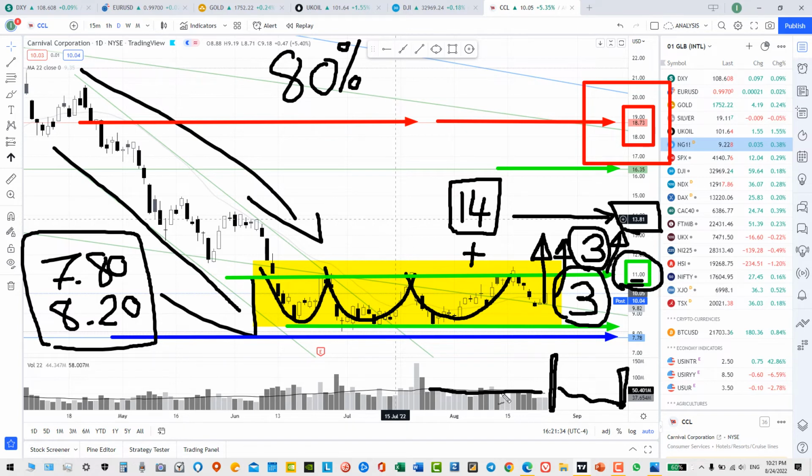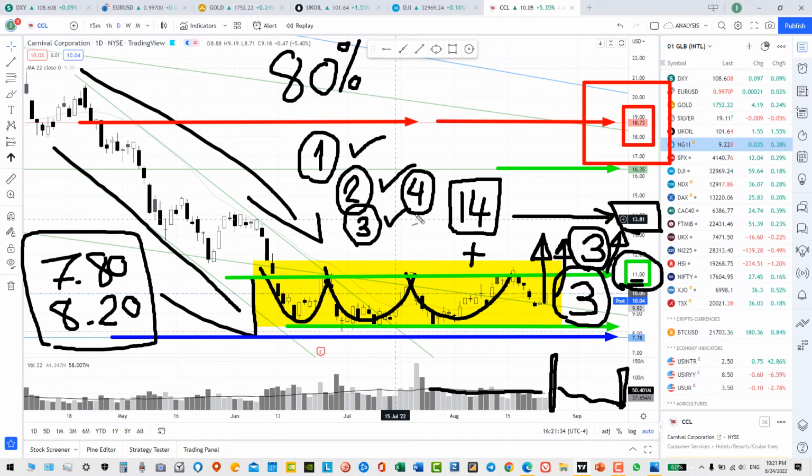Let me write them together with you. First, a break through the 11 barrier. Second, the break should be over very high exceptional volume. Third, 3 days close confirmation. And the fourth condition, that the days of confirmation should be over lower than average volume.